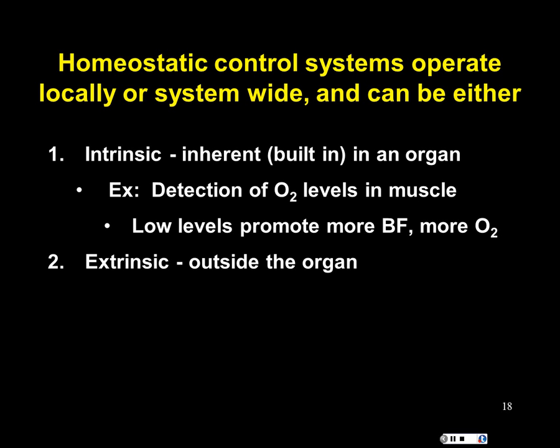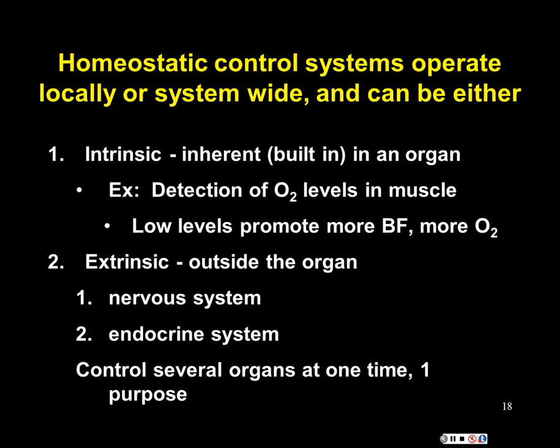No. It's got a backup and override by what type of controls? Extrinsic controls. So the question is, well then what are the extrinsic controls? We already listed one, which is the nervous system, a huge, important player for extrinsic regulation, as well as the endocrine system.